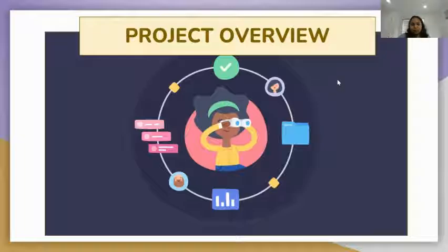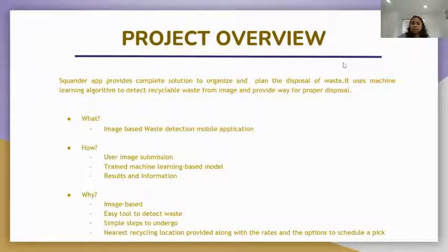You must be wondering how Squander will solve this problem. Squander is an image based waste detection mobile application that allows a user to submit an image, which is then fed to a machine learning based algorithm, which then studies the image, determines the kind of waste and segregates the waste into different categories and types.